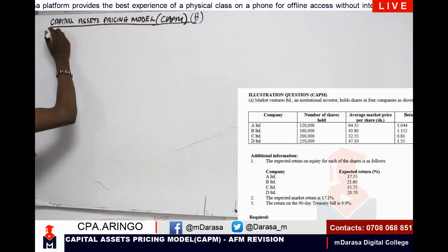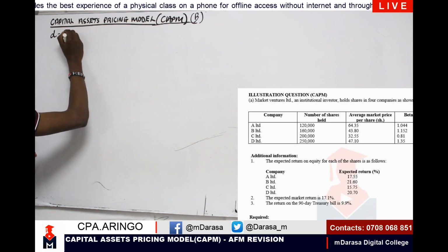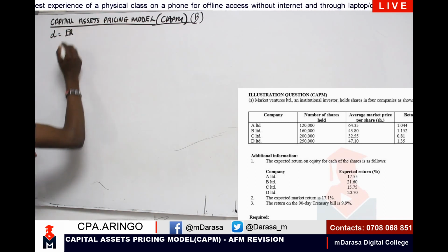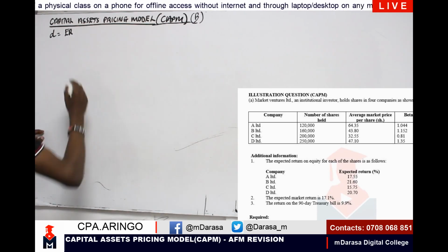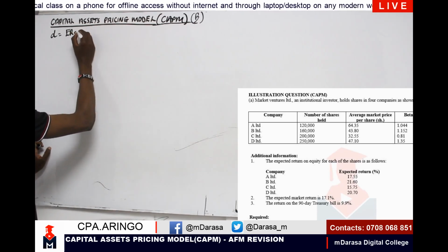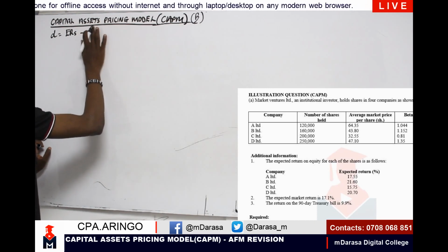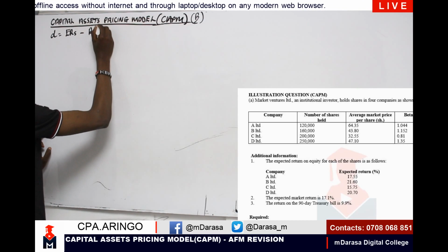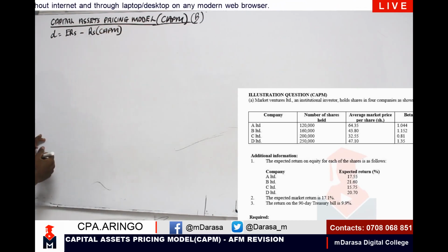And to determine the worth of our investments there, we've said ideally I should be having the expected return of our securities minus the return of our security, that is CAPM. That is what we should have in mind here.